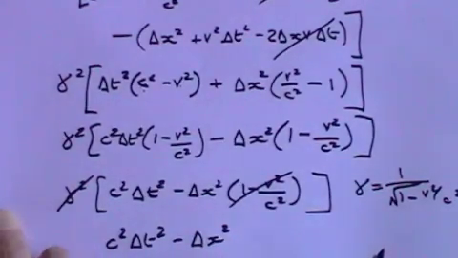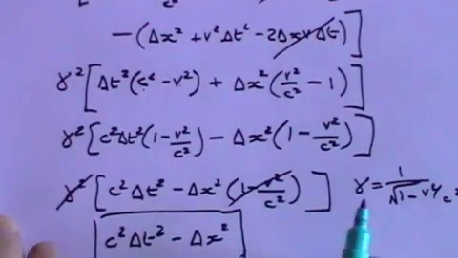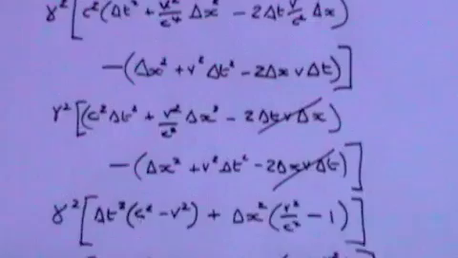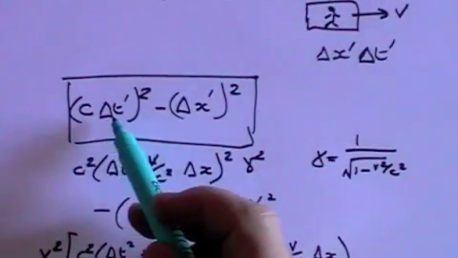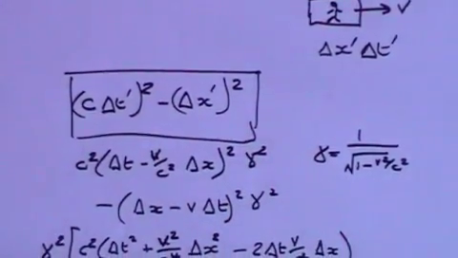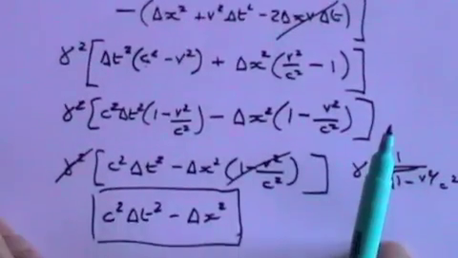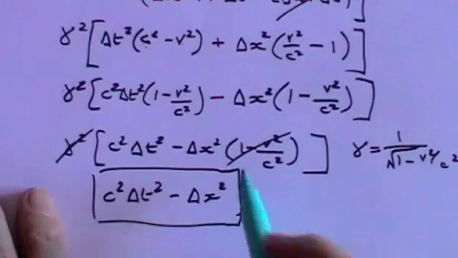Lest you be wondering what on earth that means, let me just remind you of how we started. We started with the term all the way back up there, c delta t prime squared minus delta x prime squared, and what we've just shown is that that equals c delta t squared minus delta x squared.